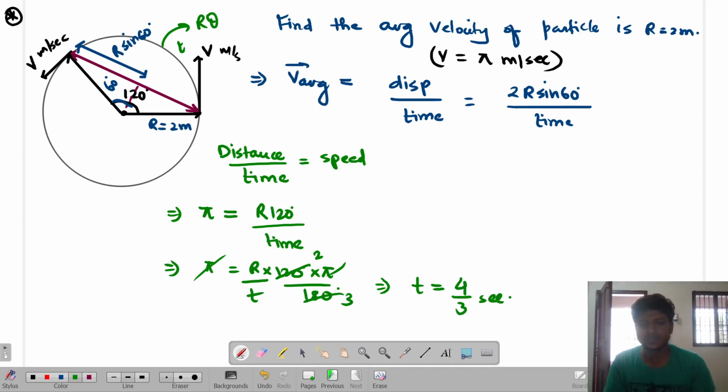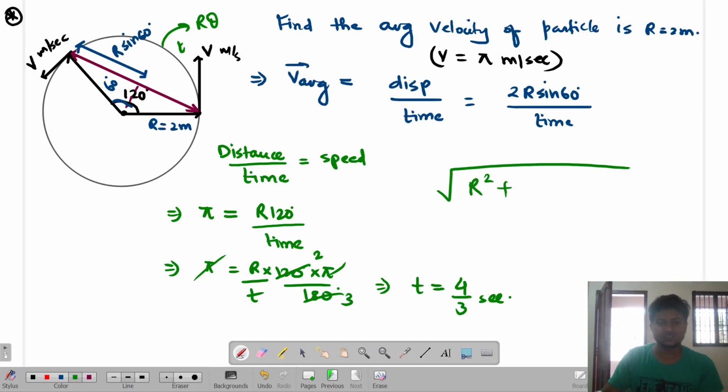Is it clear or not, guys? Everyone? Now, the point is very simple: many people follow this method, root under r square, meaning they find the displacement using the vector method because the angle between these two vectors is given, considering the radius as 2 meters and this radius also 2 meters.